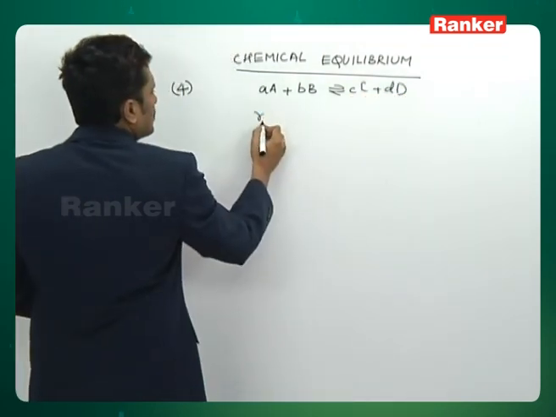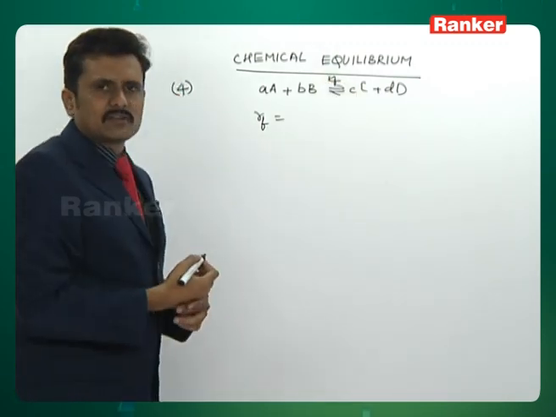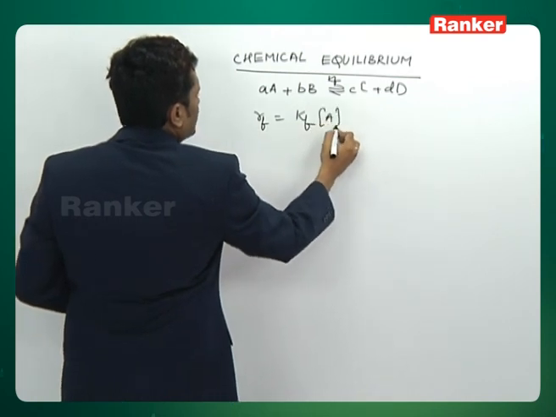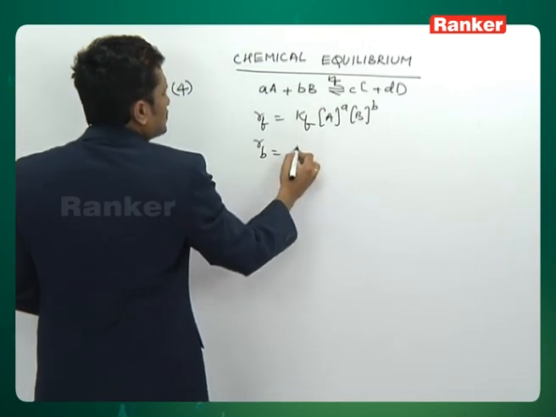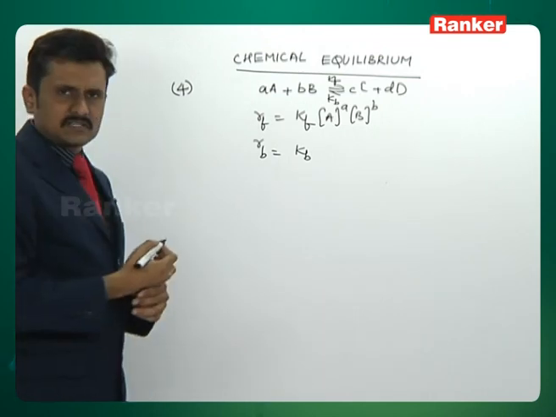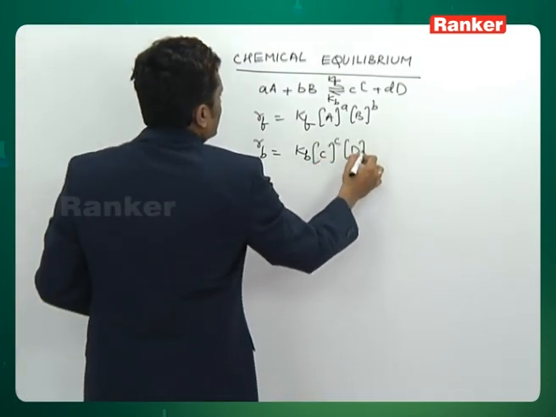Now, when I write the rate of forward reaction and if I assume that the forward rate constant as Kf, you know that rate of forward as per the rate law is [A]^a into [B]^b, and that of rate of backward reaction is Kb, because I will assume that the backward reaction has rate constant Kb into concentration of [C]^c into [D]^d.